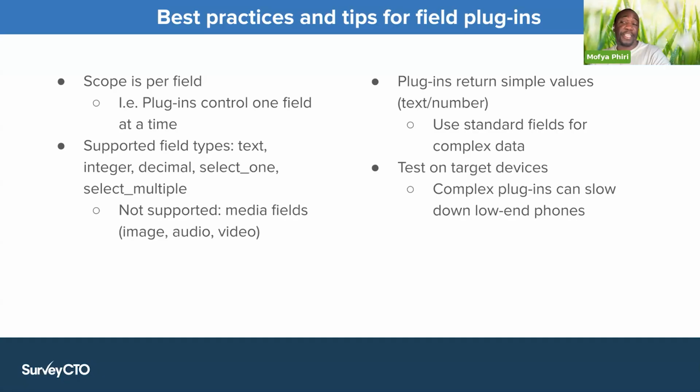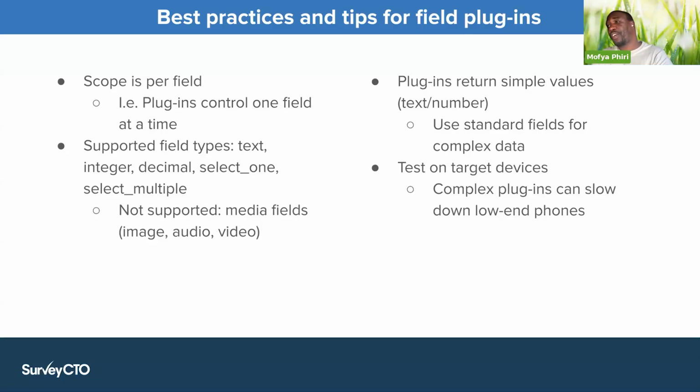And then we already hinted at the fact that these work on specific field types: text, integer, decimal, single choice, multiple choice questions. So if you want to work with media files, so images, audio, video, there is a limitation in terms of what you can build to target those. But the workaround usually is to build a field plugin that controls the workflow.